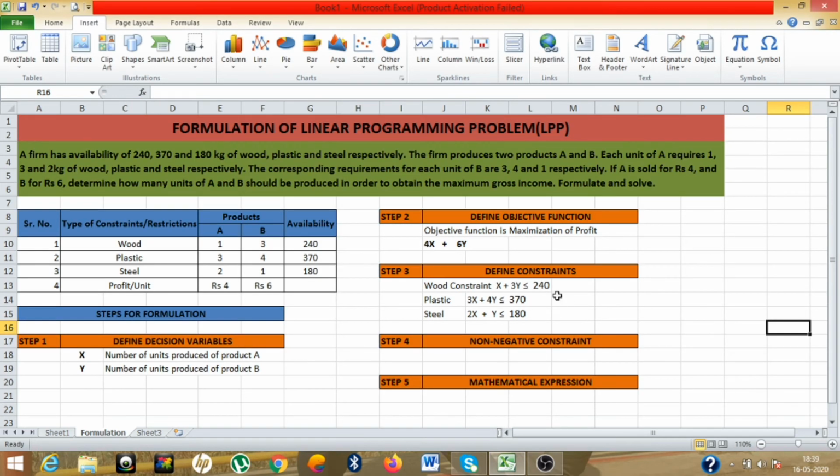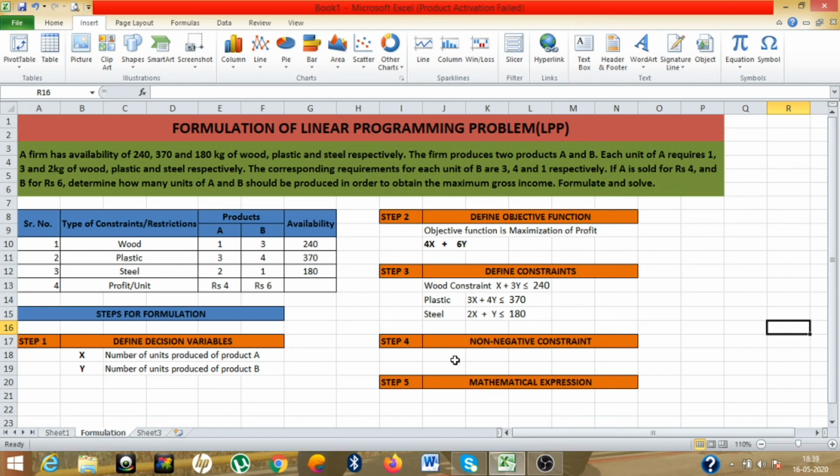So these are the three constraints, that are wood, plastic and steel. The right hand side of the inequality sign less than equals to shows you the total availability, and the left hand side tells you the consumption of the resources which are limited in quantity.